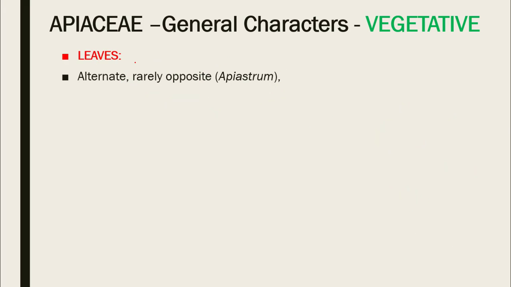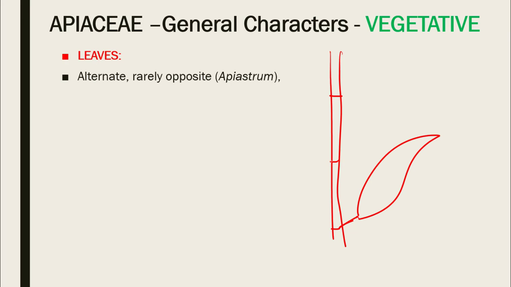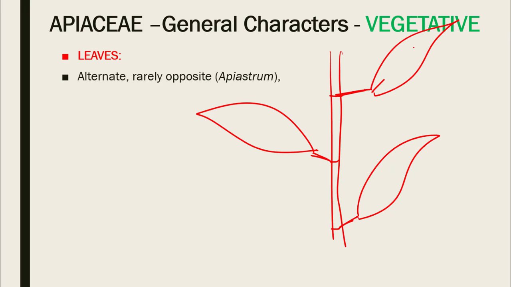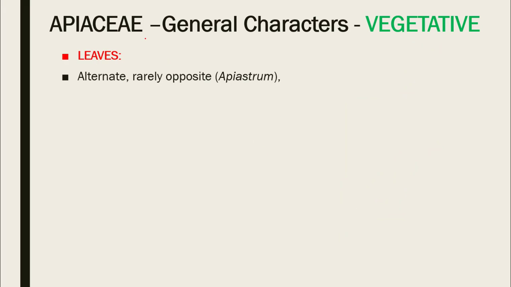Leaves are alternate, and if you remember, we have already discussed this term when we were discussing the distinguishing characters of the family. So alternate is when one leaf arises from each node. So this is an alternate condition, a single leaf per node. This is alternate or spiral condition. However, there might be opposite cases as well, like Apiastrum.